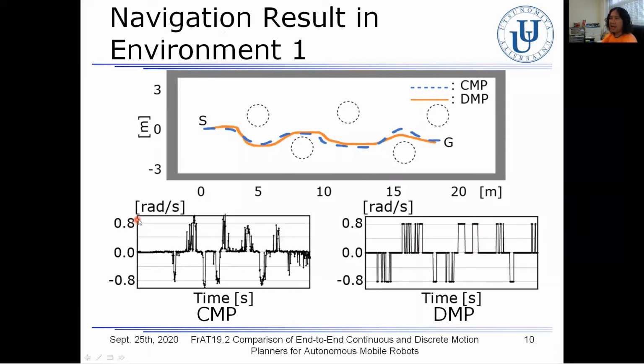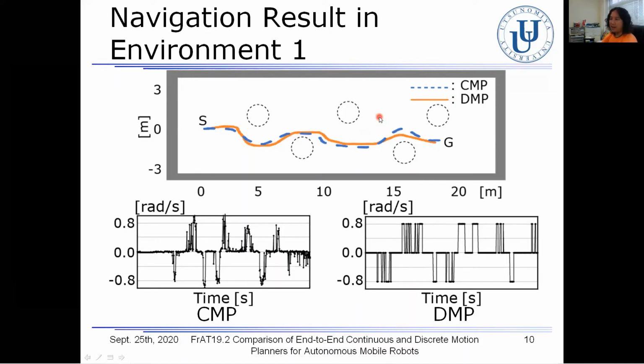For your information, let me show you the angular velocity sent to the robot based on the motion planners. As you can see, the discrete angular velocity was determined on the right. On the other hand, the continuous angular velocity was determined on the left. So these results indicate that compared to the DMP, the robot based on the CMP achieved more fluid obstacle avoidance.